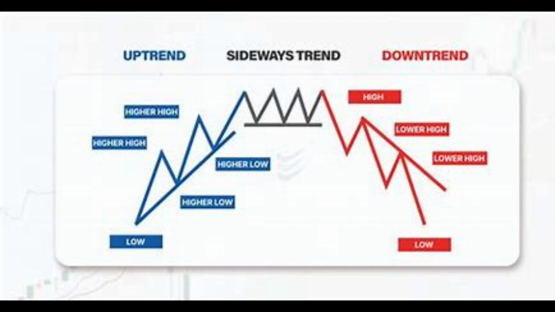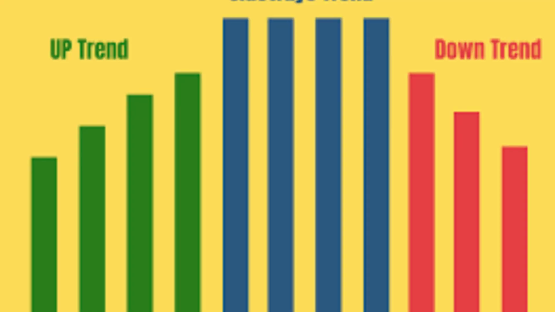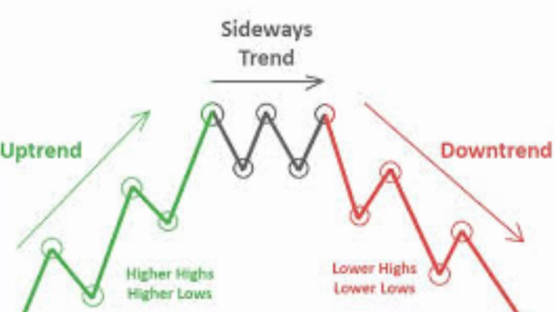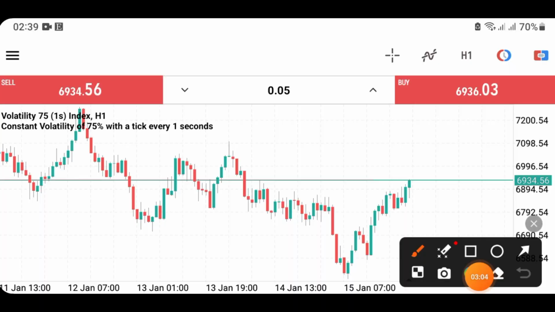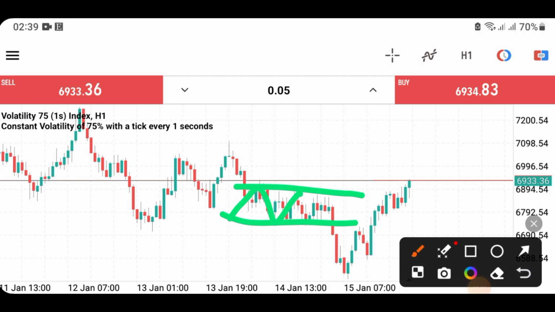That's when we say it's an uptrend. Then the market will go down. Then there is a time whereby the market will go sideways, like here. You see, it goes sideways. That's why we say the market is consolidating.